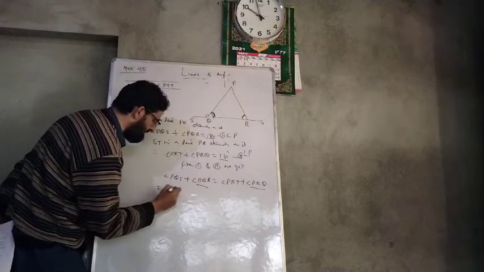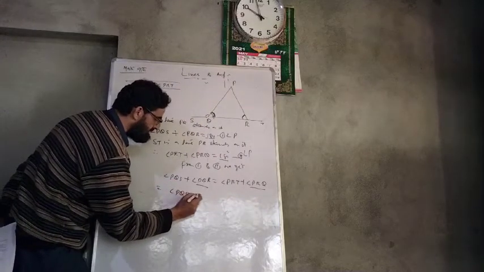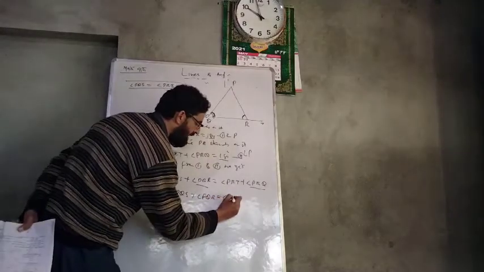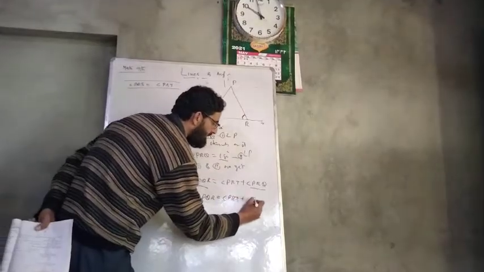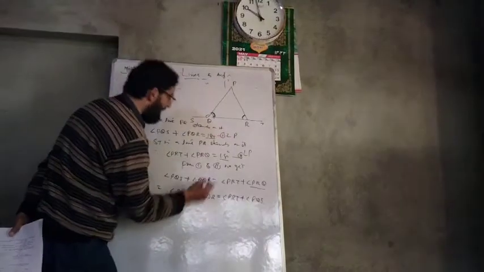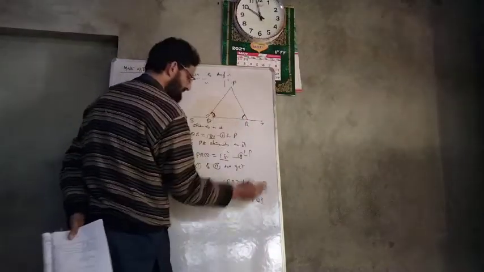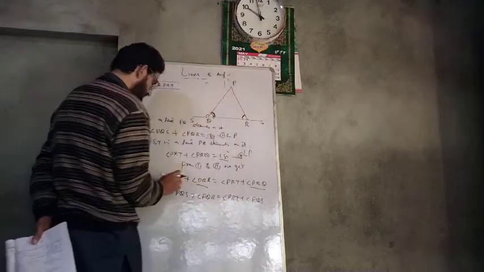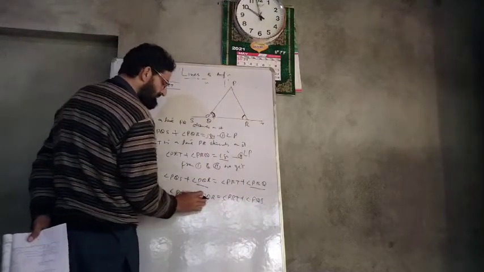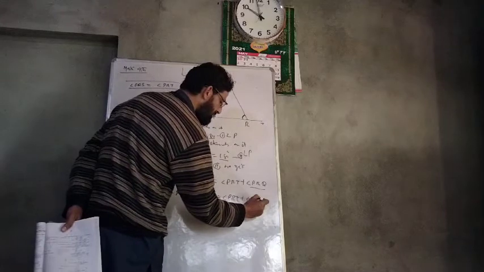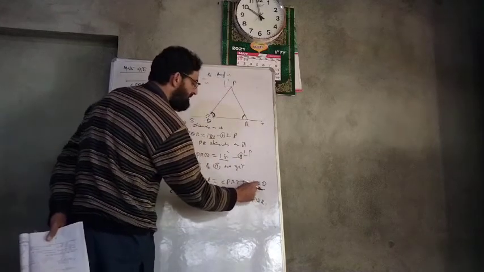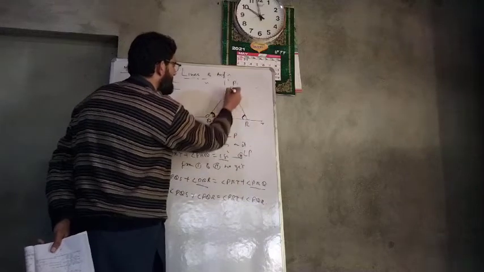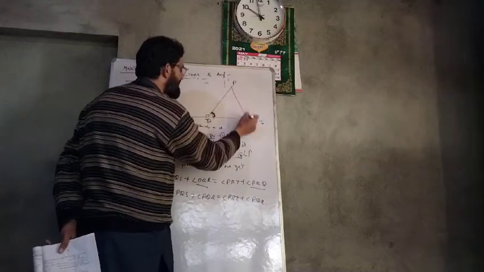So we shall write here angle PQS plus angle PQR is equal to angle PRT plus angle PQR. Instead of PRQ, we write here PQR. Why? Because these two angles are equal.